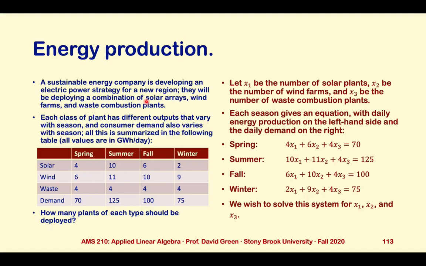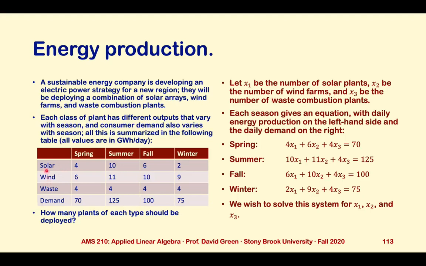Here, the unknowns are how many plants of each type. So let's define a variable for each of these. Let x1 be the number of solar arrays, x2 be the number of wind farms, and x3 the number of waste combustion plants. So these are our variables.